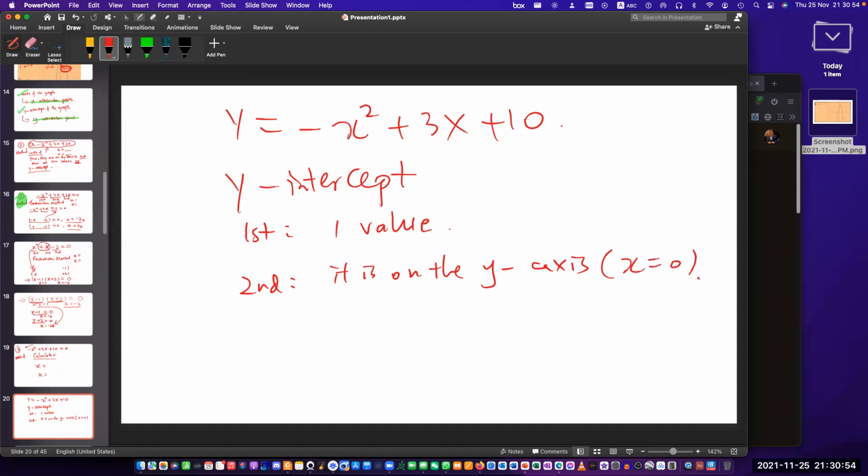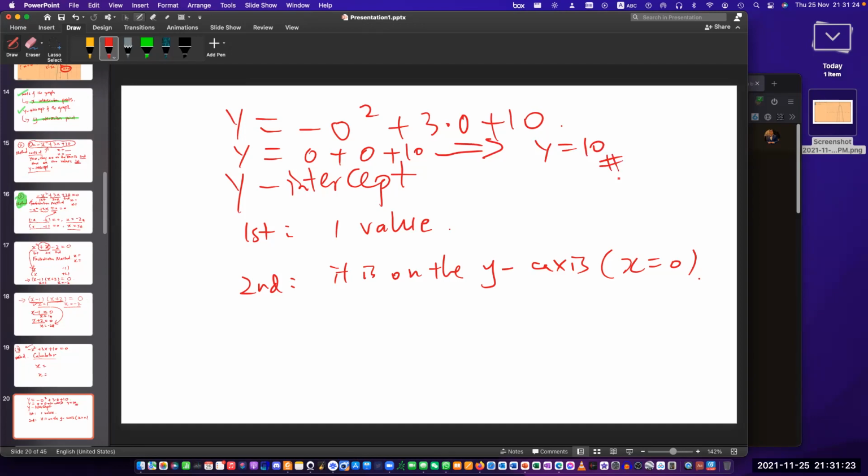So if your x is equal to 0, you just replace your x with 0. So what do you get? Minus 0 squared is 0, 3 times 0 is 0, plus 10. So the answer is y equals 10.